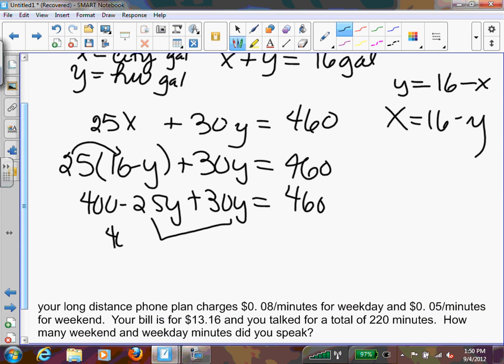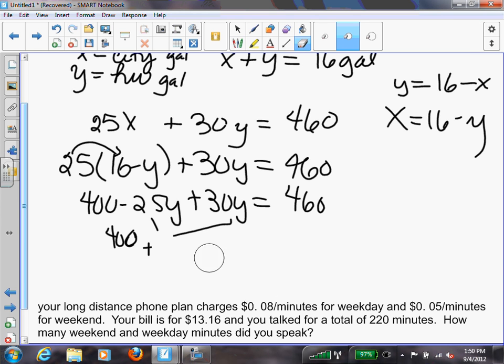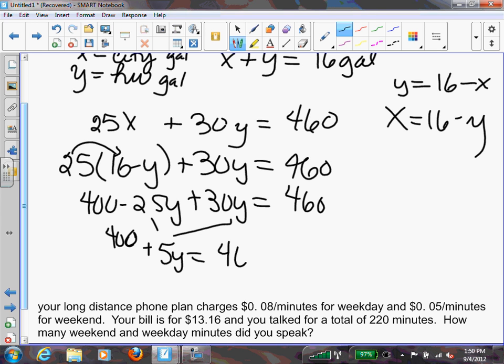So 400 is equal to, or sorry, plus 25y equals, no, it's just 5y, isn't it? Equals what? So 5y is equal to, and y is equal to?